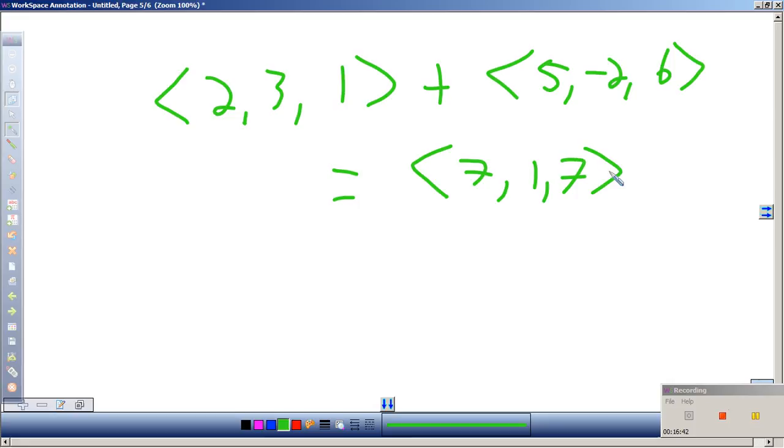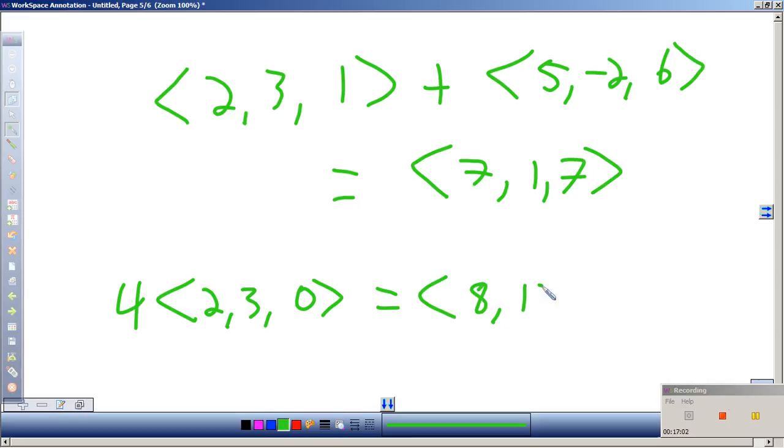What about scalar multiplication? If I had 4 times 2, 3, 0, what do I get? So scalar multiplication, again, works the same way. So lots of things are basically identical. But like I said, the hardest part is making something appear to be 3 dimensions when you're graphing in 2 dimensions.